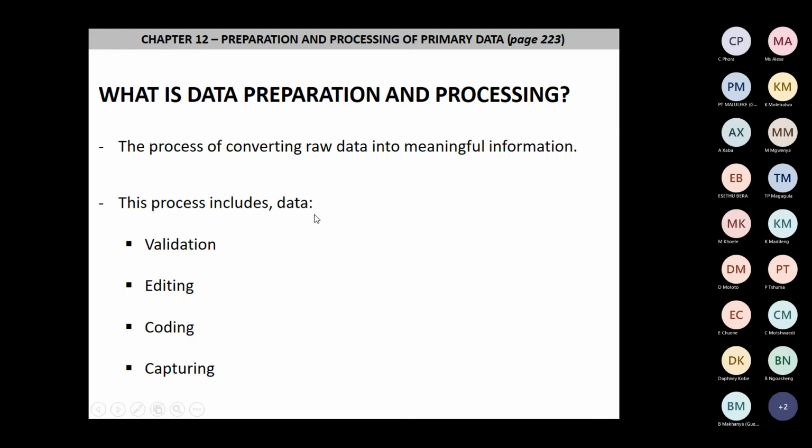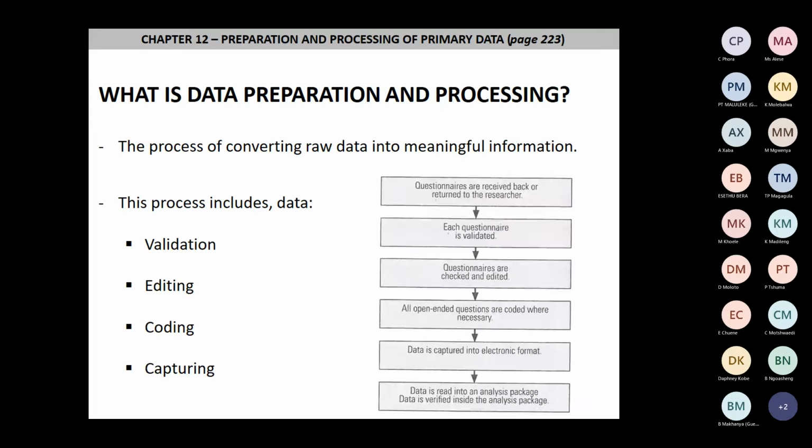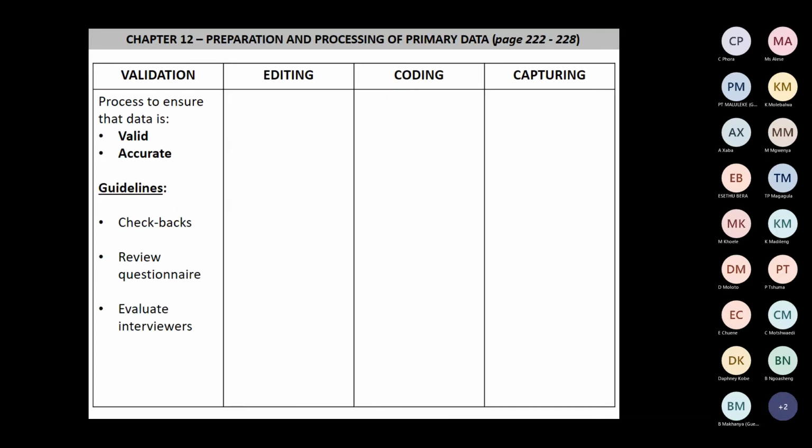If you highlight in the textbook on page 257, it shows number 1 being validation of data. To understand what data validation is, highlight the first sentence there. It says this is the process to ensure that data is valid and that data is accurate.